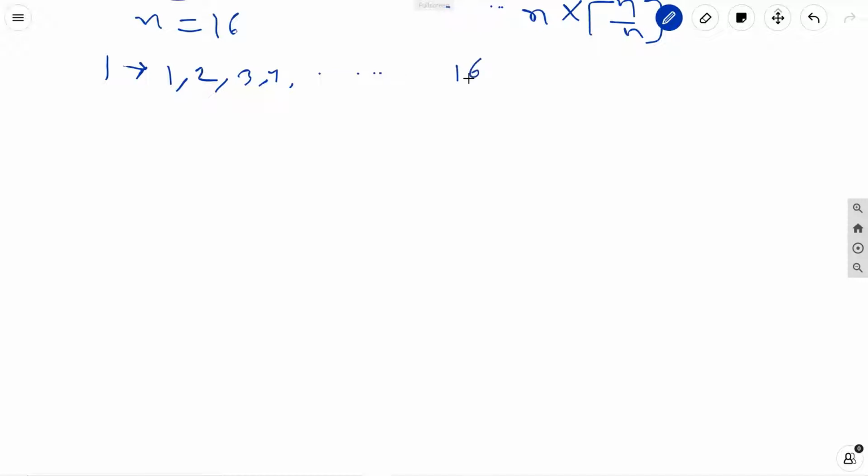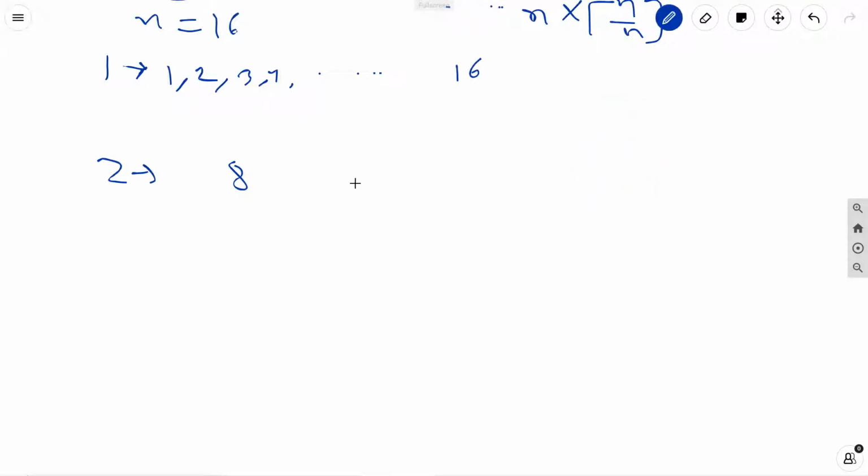Earlier we were saying that 1 is a divisor of 16 numbers, so 16 numbers into 1. Then for 2, there are 8 multiples, so we say 16 by 2, integer part, and multiply it by 2. But this will get time out.